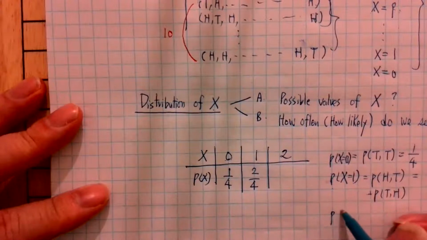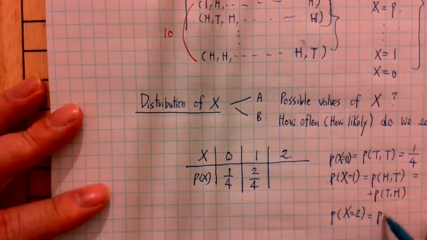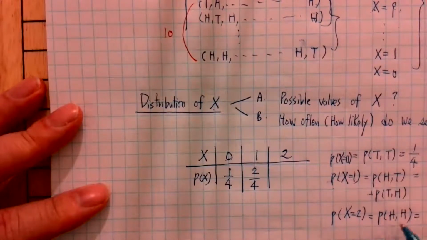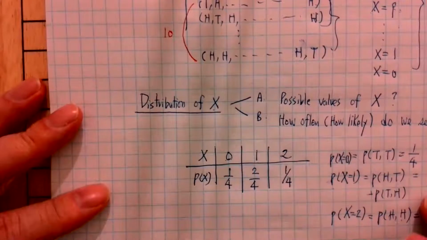And x equal to 2. Two heads in a row. That is what? 25% chance. Okay?